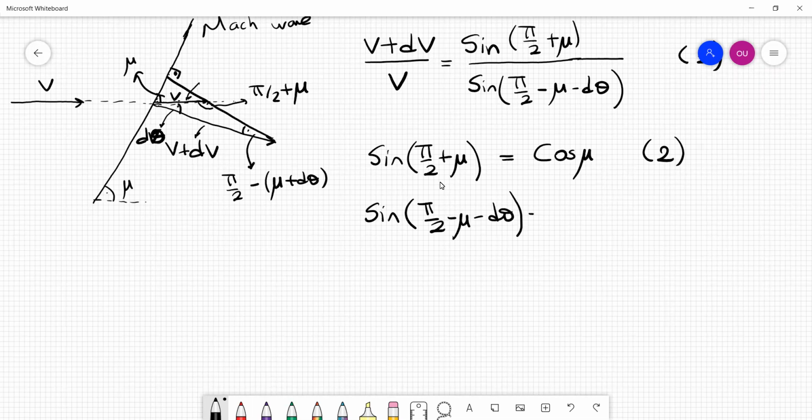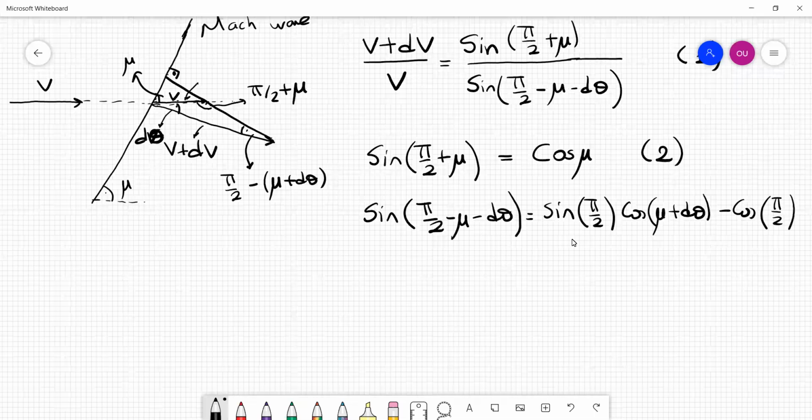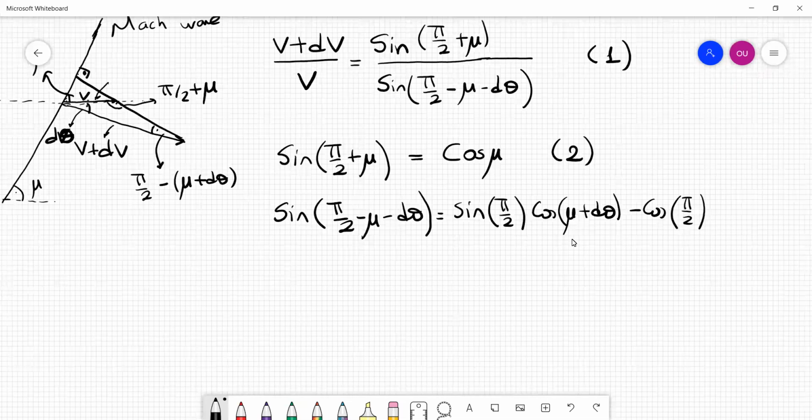But one can actually open up this trigonometric expression. We could write this is equal to sine(pi over 2) multiplied by cosine(mu plus d theta) minus cosine(pi over 2) multiplied by sine(mu plus d theta).